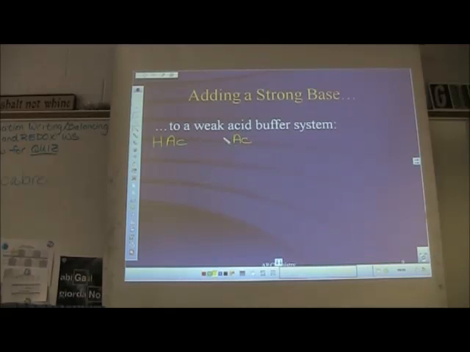Now we're going to test this buffer by adding a strong base. Give me one of your choice. We already used K. All right, let's go lithium. Good choice. Let's list out the major species. H2O.